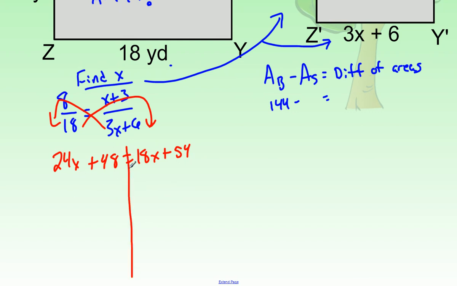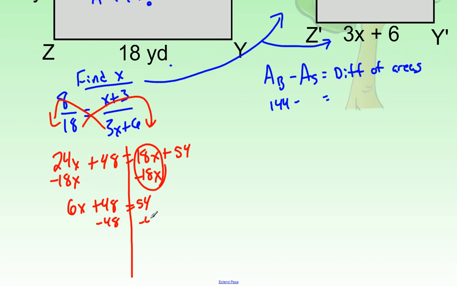I cannot simplify anymore on either side, so I'm going to start solving. Get rid of the variable on the right. Minus 18x. It cancels out. That's going to give me 6x plus 48 equals 54.